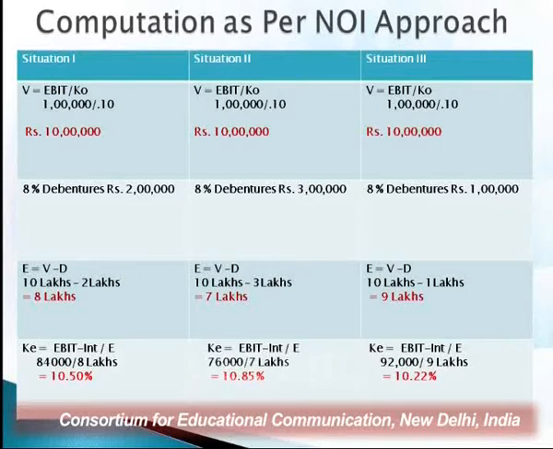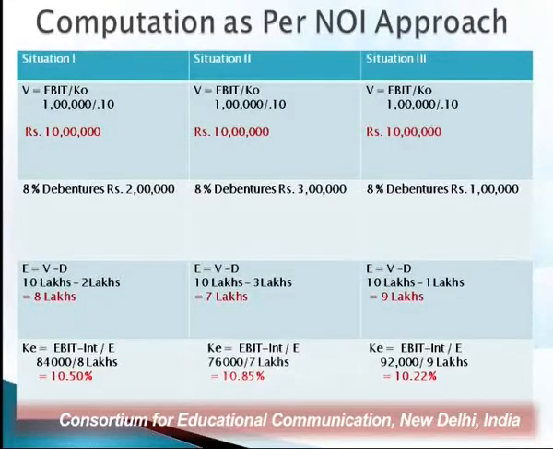Again 1 lakh rupees was my EBIT, 8% of 3 lakh rupees becomes 24,000 rupees, 1 lakh minus 24,000 becomes 76,000, that is the numerator in the formula of cost of equity, divided by market value of equity, that is 7 lakh rupees, and now my cost of equity is 10.85%.